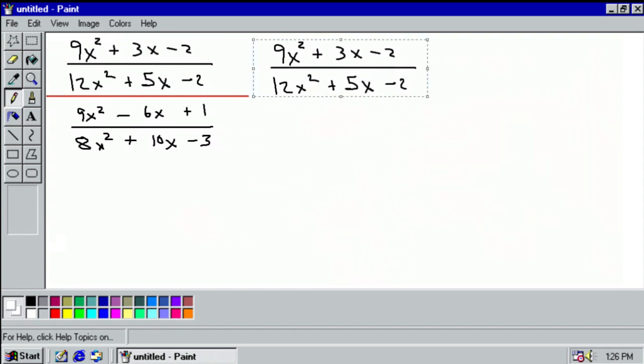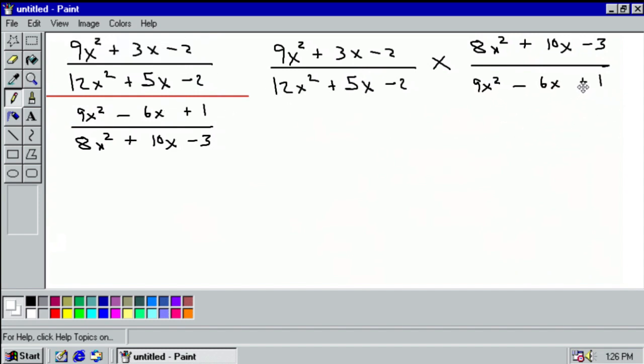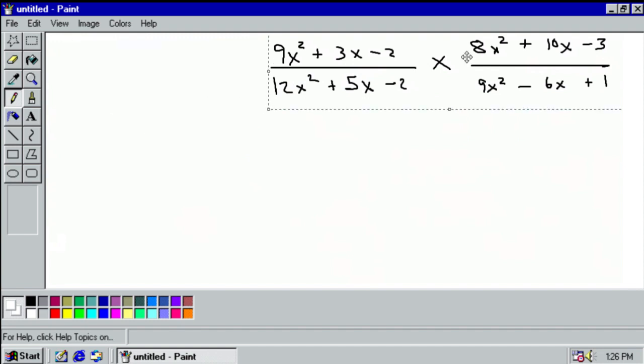Then we add the times sign. The bottom part will be on the top, and the top part will be on the bottom. So we can now solve. Let me remove this for space.